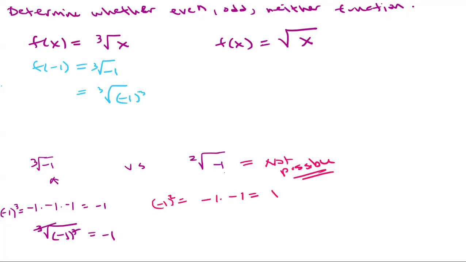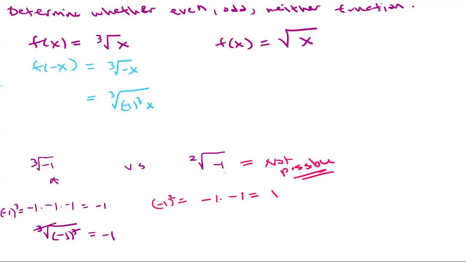I'm sorry, let me backtrack. I meant -x, not -1. So the cubic root of -x. And then I can rewrite this as -1 raised to the third power, and then x to the third. Or in this case, just x.